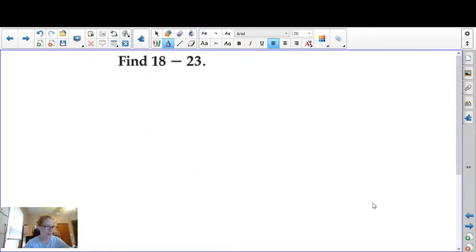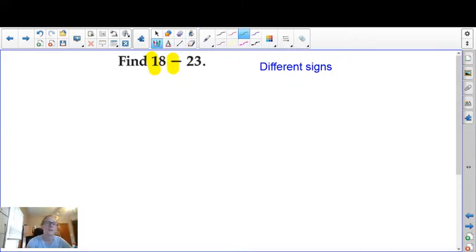All right, next one, 18 minus 23. Now again, I know there's not that obvious sign in front of 18, but we're going to assume that because it's not there, it's positive. So I have different signs in this case. So which one is bigger, the 18 or the 23?